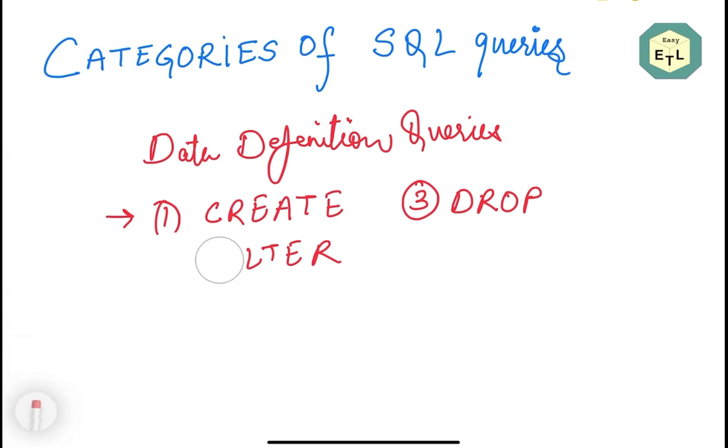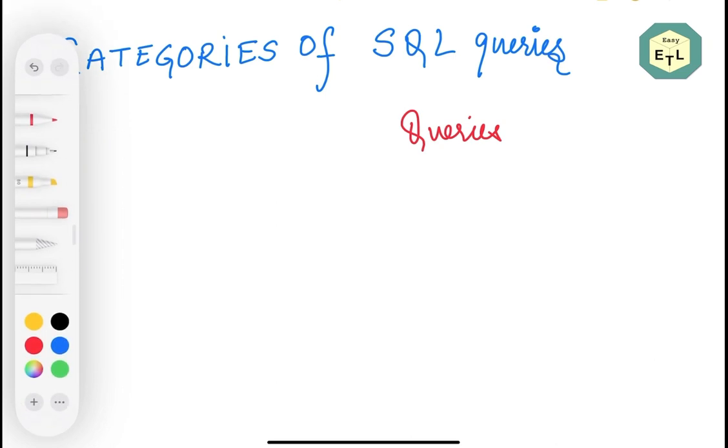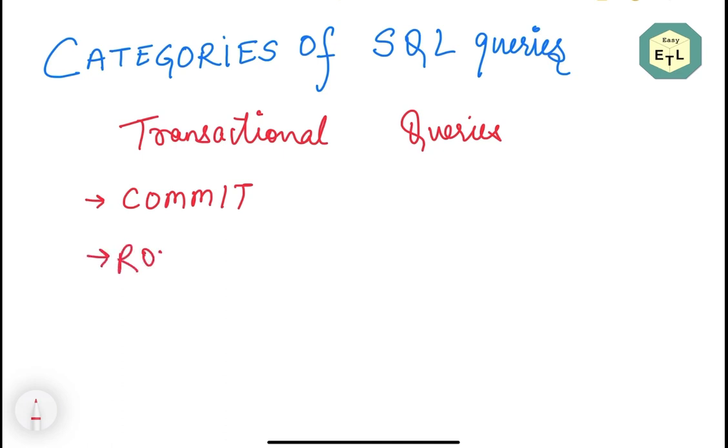The last category we have is transactional queries. The operators in this one are commit and rollback, right? Transactional queries are the type of queries which we want to complete in one unit.